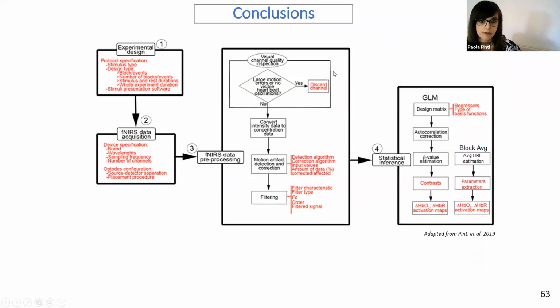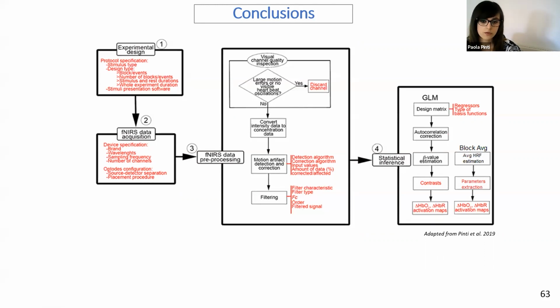We suggest a few basic pipelines. In red, we indicate the methods information that we believe should be included in all fNIRS papers, first to allow the reader to understand the whole study and procedures properly, but also to allow study replication.